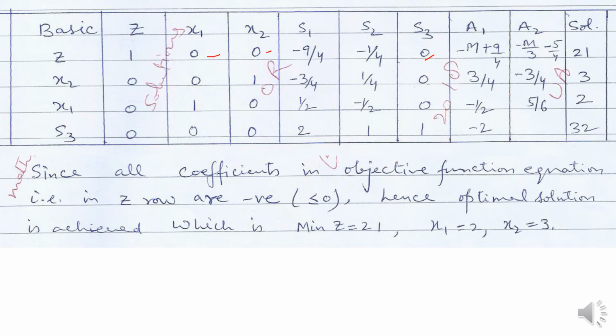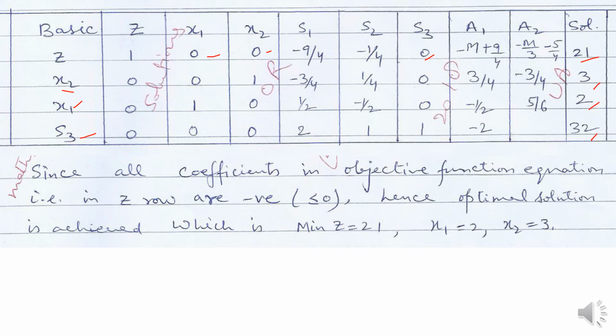So we have reached our optimal solution, and we can see that the value of x2 is 3, the value of x1 is 2, the value of s3 is 32, and the solution is 21, that is, the value of the objective function. So once we get all negative values or 0 in the Z row, and not a single value is positive, we have reached our optimal solution and we got these values.